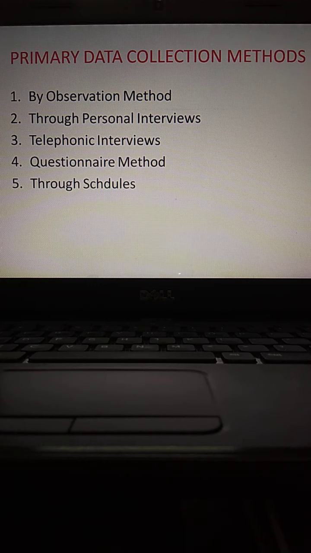Directly making a call to the customer and collecting the information in such a manner is known as primary data collection through the telephonic interviews. This is one more very important method, and as far as the expenditure is concerned, very cheap. Okay, so what do you call this method? The telephonic interviews.